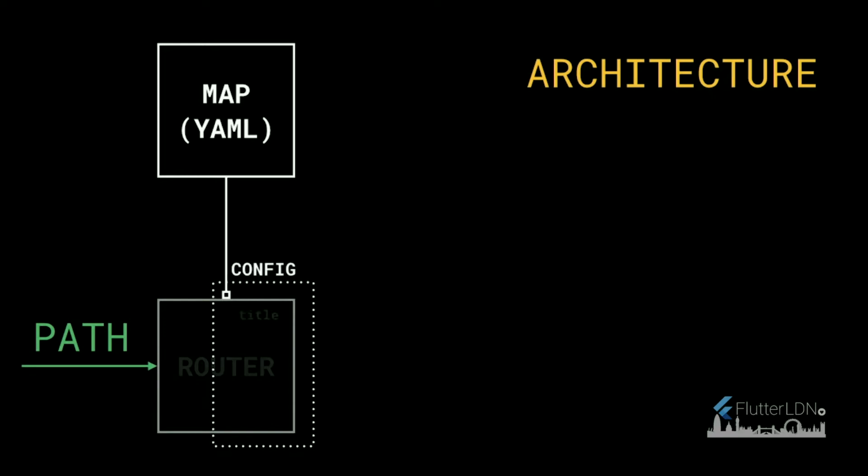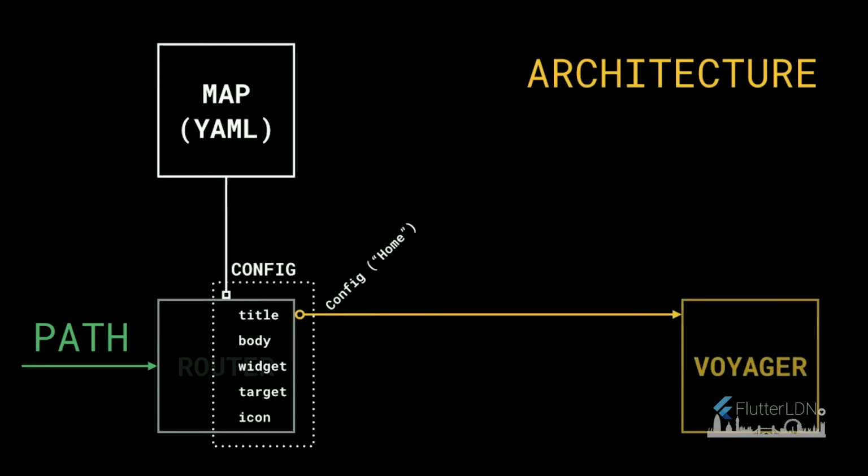Then what happens, the router resolves part of your navigation map, which has all the description of what the screen is made of, and starts putting these values into the Voyager map, also under the respective field names.